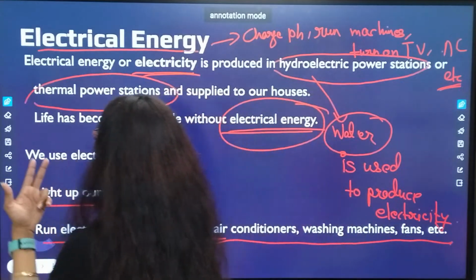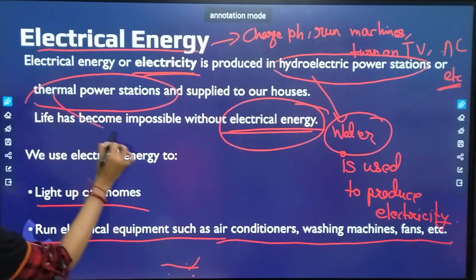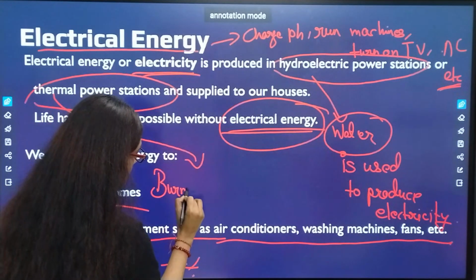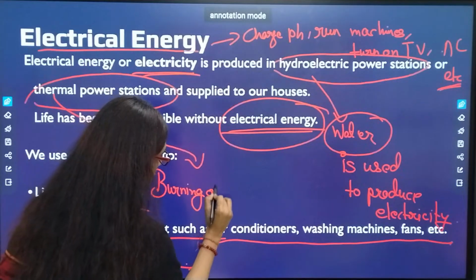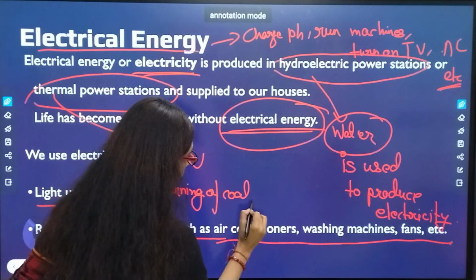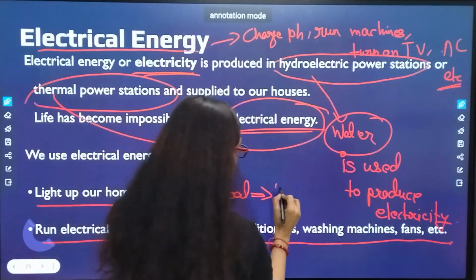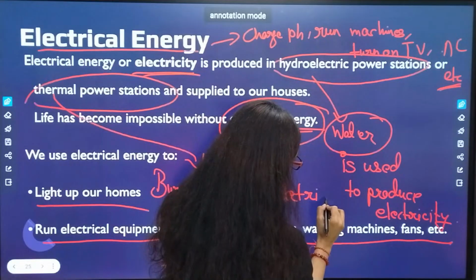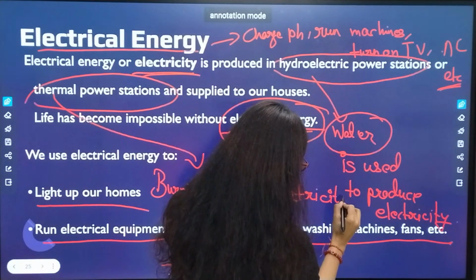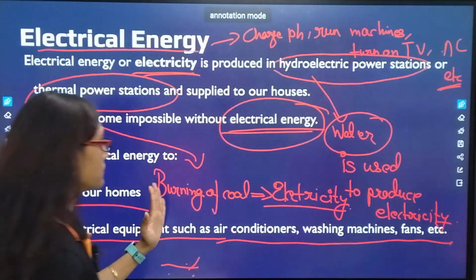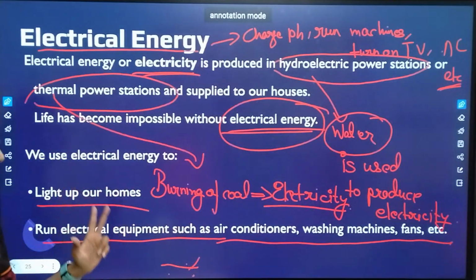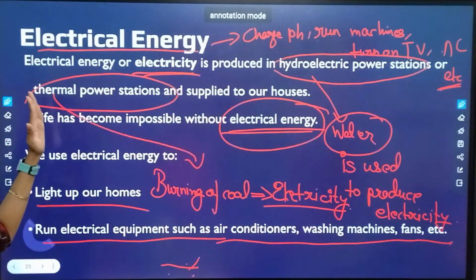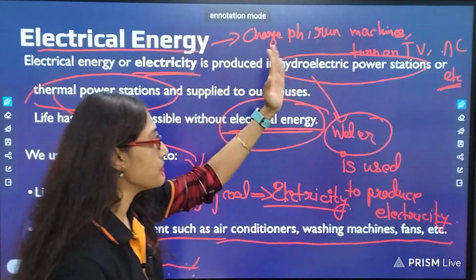Okay. And then what is a thermal power station? Thermal means burning of coal. Coal is burned to produce electricity. Burning of coal leads to the production of electricity in case of a thermal power station, and hydro means water.